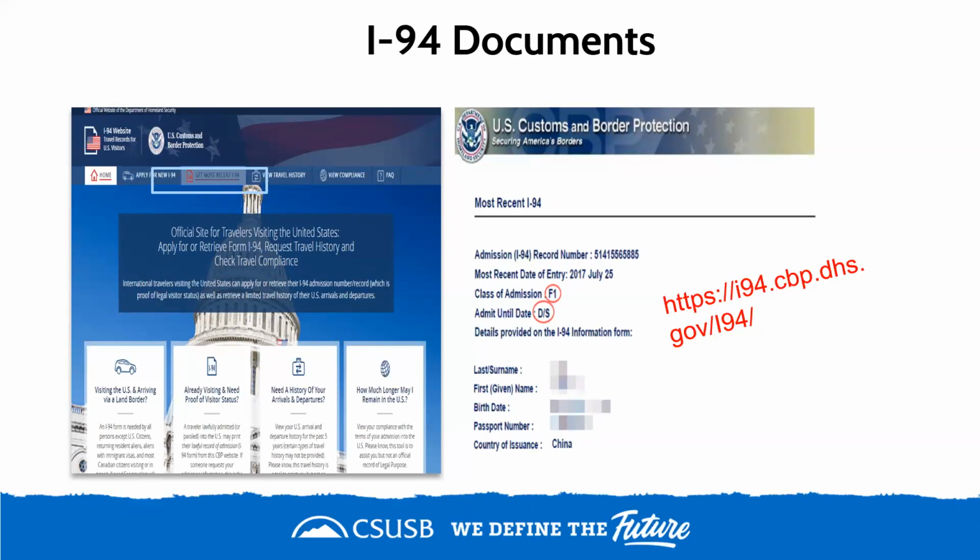In most cases, it has a D/S, which stands for duration of status. This means your admission to the U.S. is active during your time you're studying in the U.S. When your I-94 is issued, be sure to check for accuracy to ensure the customs officer placed you in the right category.